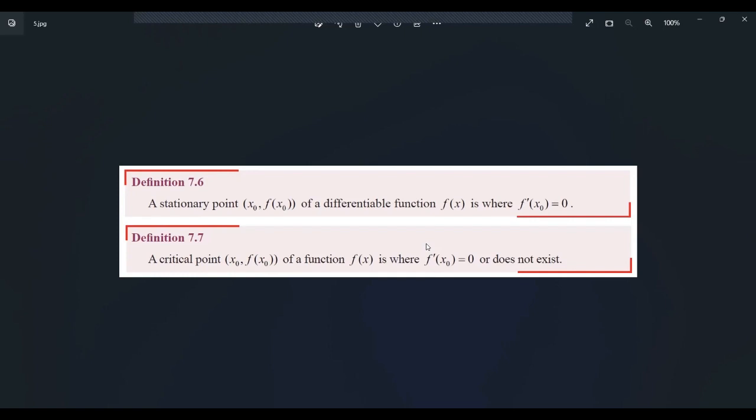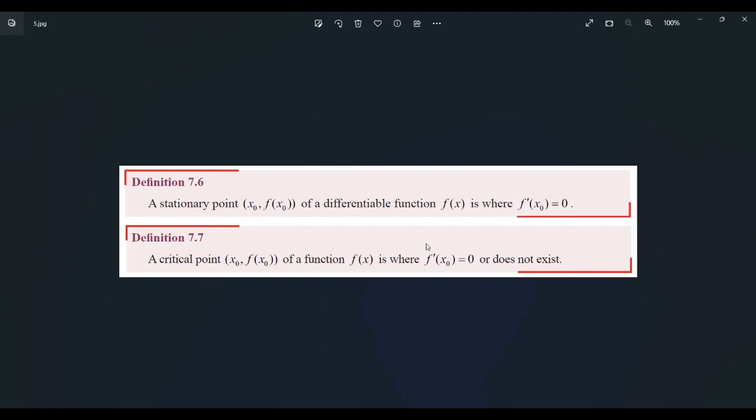Moving on, we will look at some of the interesting points in a function. So a stationary point x naught comma f of x naught of a differentiable function f of x is where f dash of x naught is equal to 0. That is when the first differential value is equal to 0, that's called a stationary point.